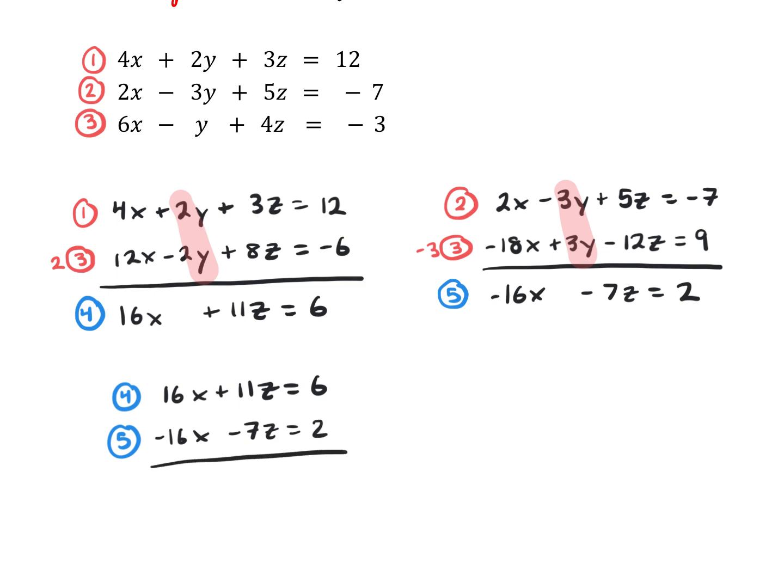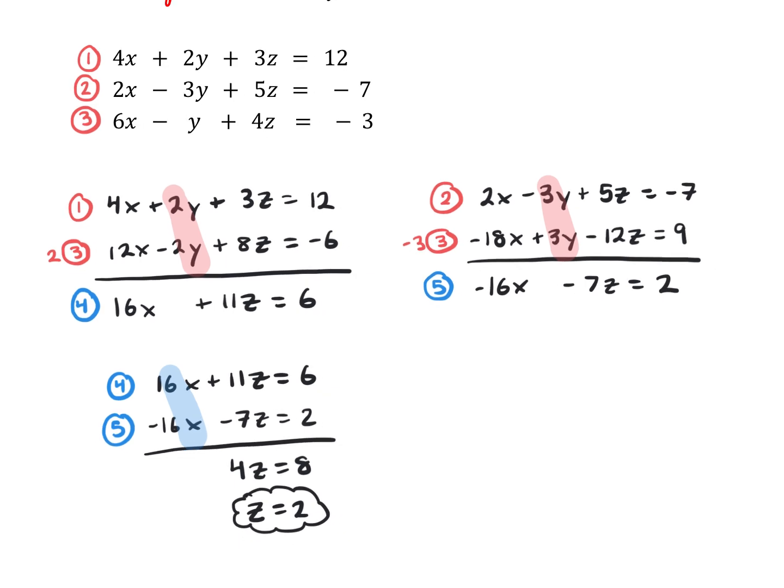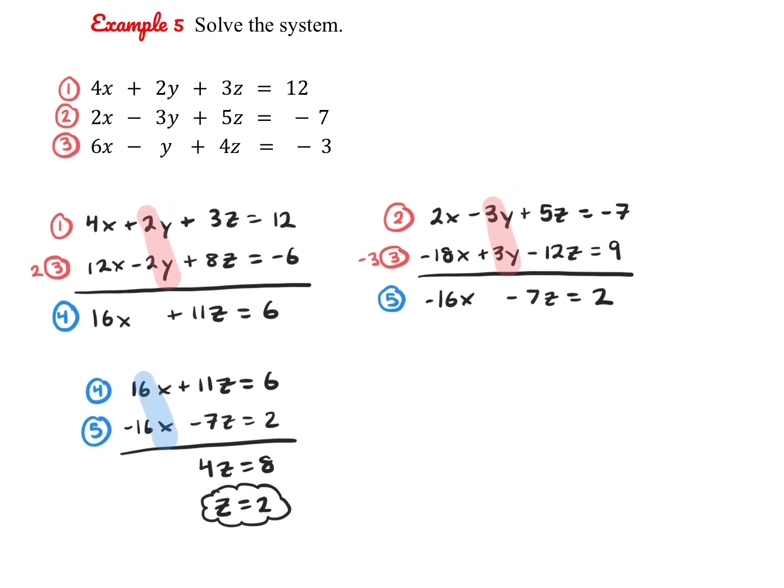All right, so our x term disappears and we are left with 4z equals 8. So z equals 2. All right, so now we start back substituting. I need to substitute this into either equation 4 or 5 because they only have two variables.